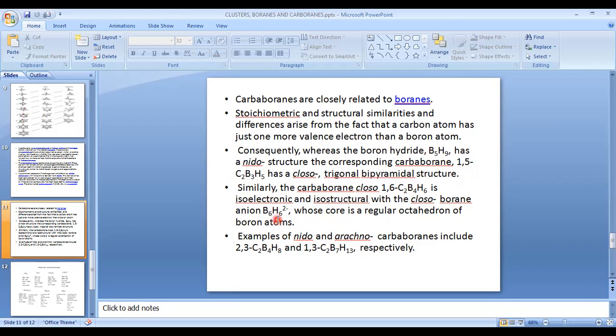Yes, it is an octahedron. Why? Because it has 6 vertices, and the 6 vertices are occupied by 6 boron atoms. Similarly, this also has 6 vertices, and all these 6 vertices are occupied by 4 boron atoms and 2 carbon atoms.